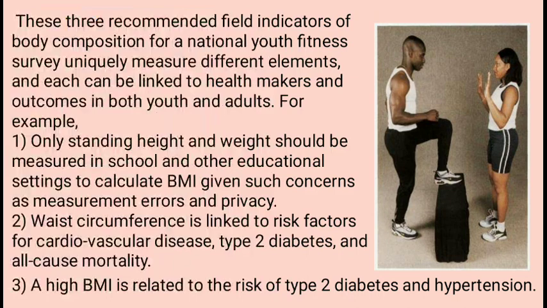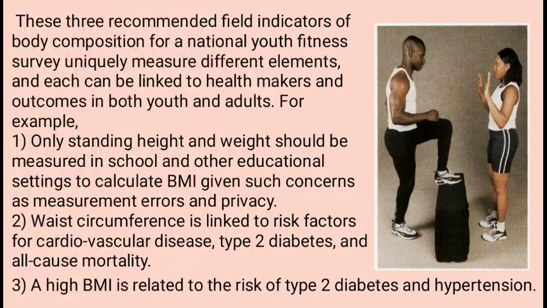So if only height and weight of the child are measured in a school, then BMI is calculated given such concerns as measurement error and privacy. You can't make a clear judgment on the basis of only height and weight, because other things are also very important.